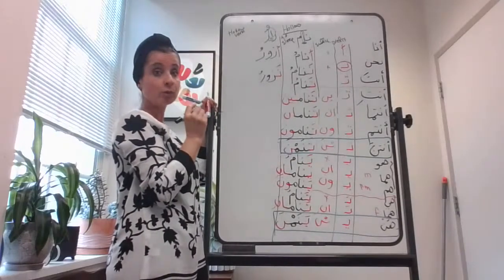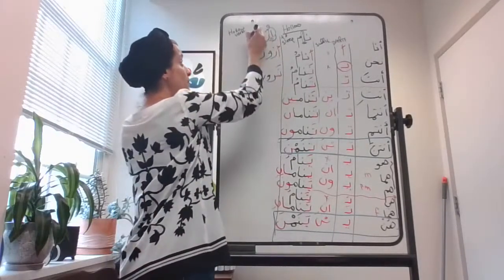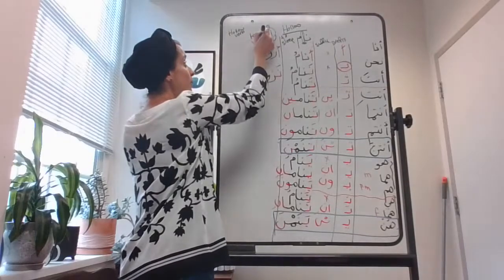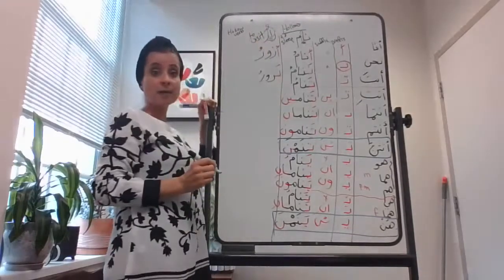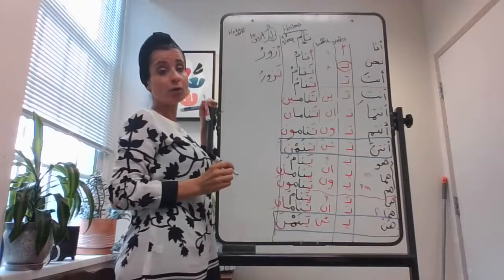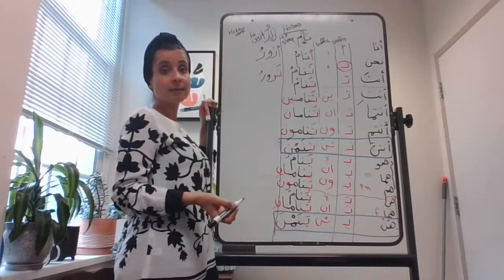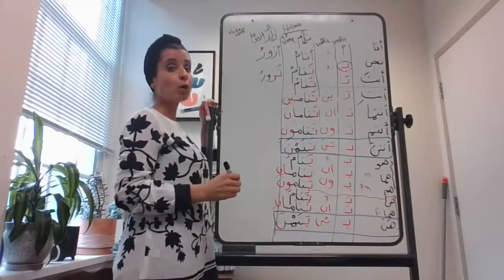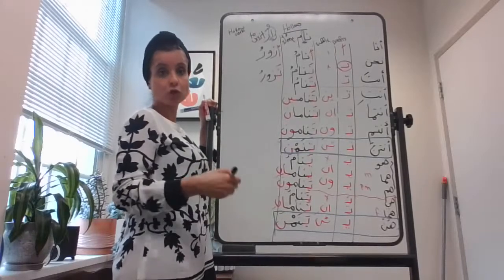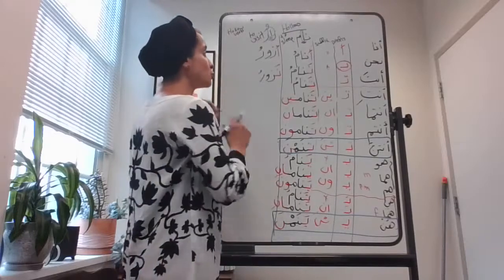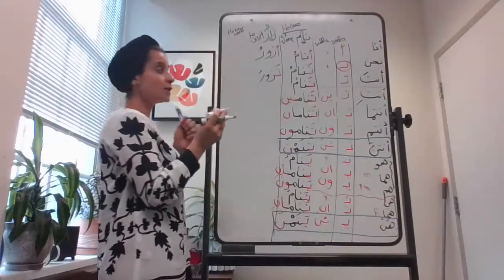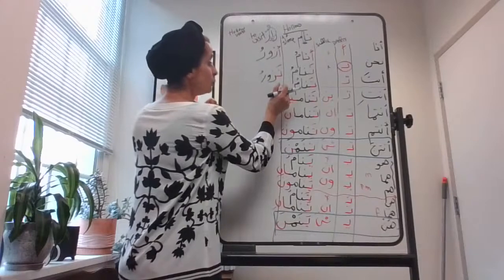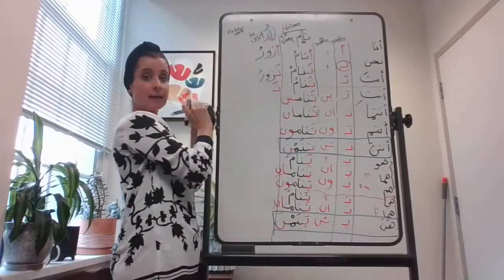Ana azuru, nahnu nazuru. The verb zara is the verb to visit. Ana azuru, I visit or I am visiting. Ana azuru al-Urdun, I visit Jordan or I am visiting Jordan currently. Nahnu nazuru. Anta, you add the prefix ta.